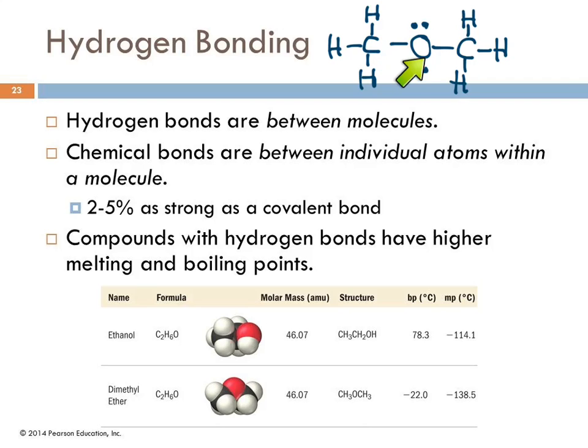What's going to be the geometry around the oxygen? It's going to be bent because of these lone pairs. So this group is actually more over here, and it's bent.